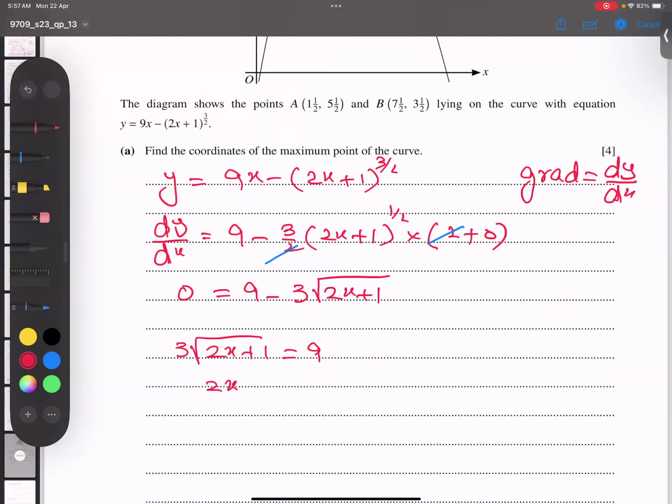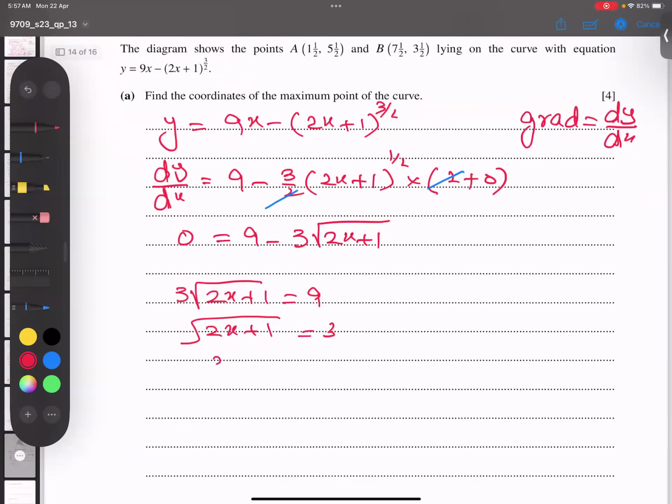I get the root of 2x plus 1 is equal to 3. Squaring both sides, 2x plus 1 equals 9. And 2x is equal to 8. And x becomes 4. So I believe the point is very clear. This x is equal to 4. Okay. So this part is very, very clear.